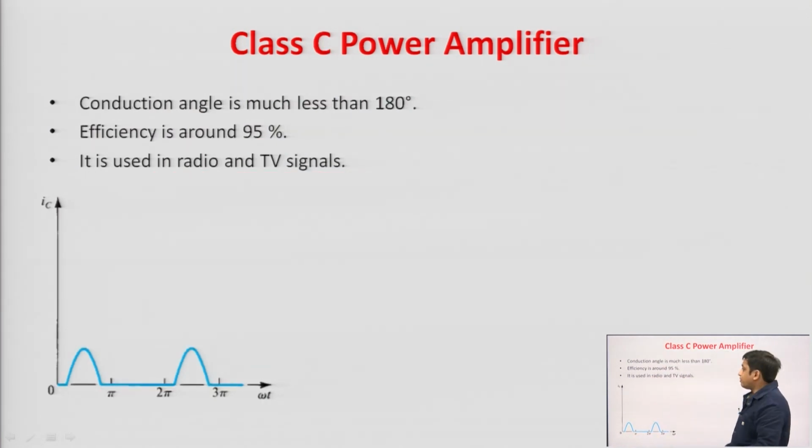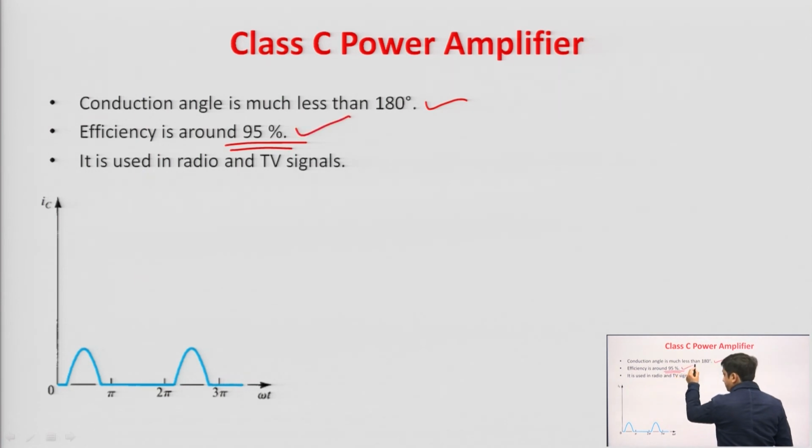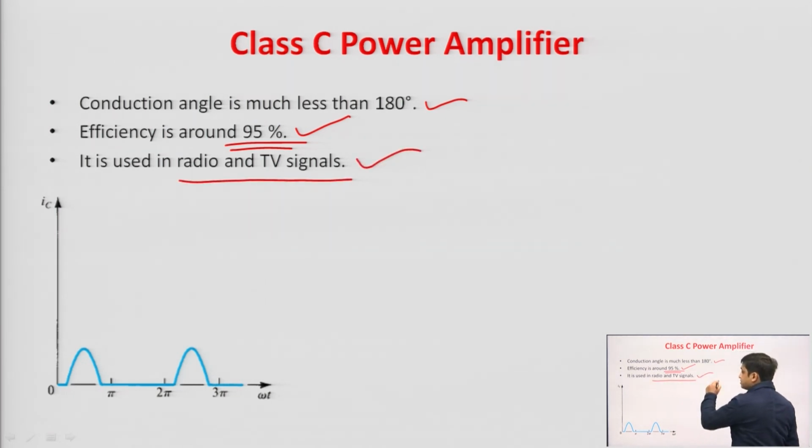Next is class C power amplifier. In class C power amplifier, the conduction angle is very much less than 180 degree, but the efficiency is around 95%. For class C power amplifier the efficiency is highest, it is 95%, and it is basically used in radio and TV signals.